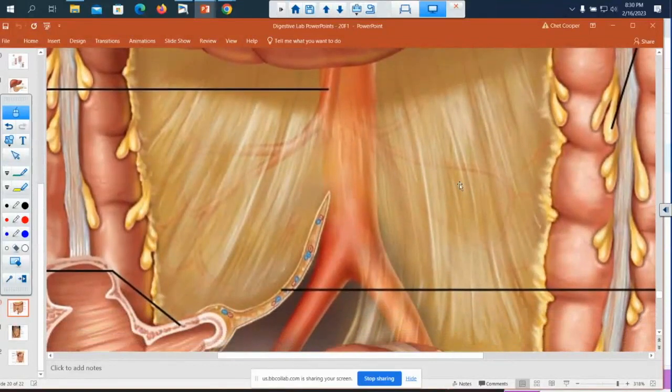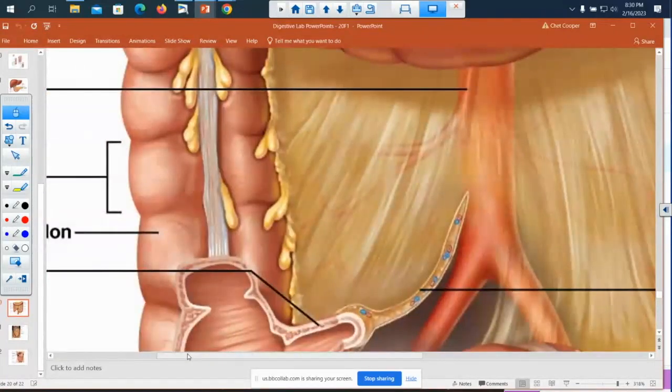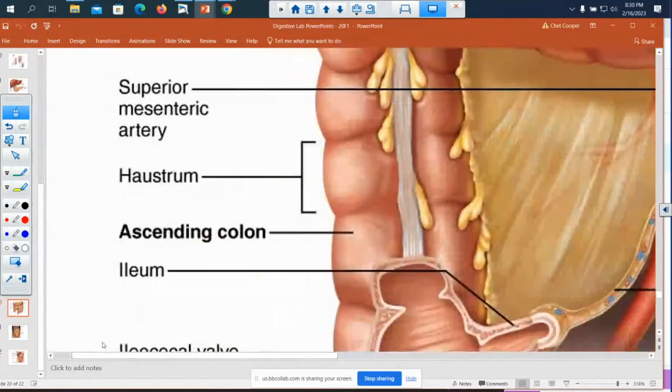What would be a great name for this membrane where blood vessels and nerves and lymphatics run through? Did you say a word? Watch the arrow. Say it as soon as you see it. Mesentery.